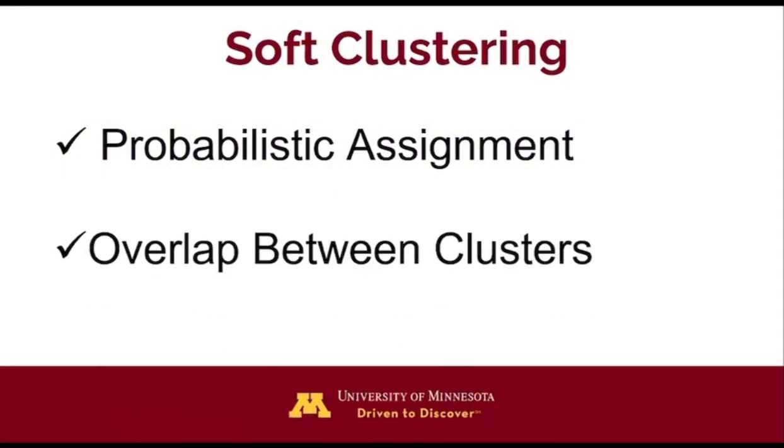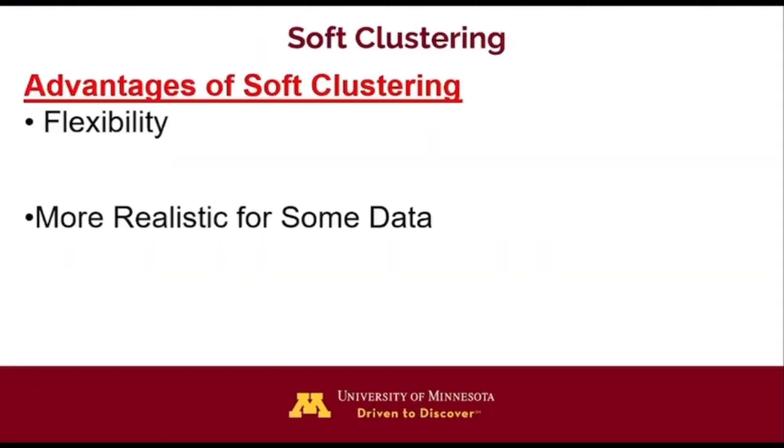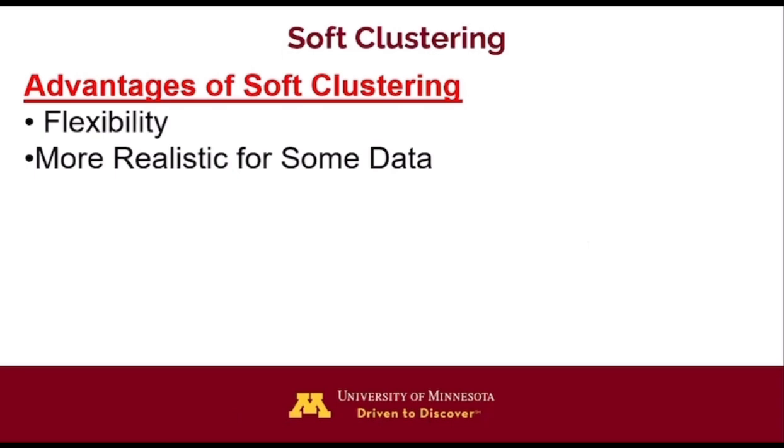Which means we allow overlapping between clusters, because some objects can be in one group and they can also be in another group. The advantages, of course, are flexibility and being more realistic for some data.